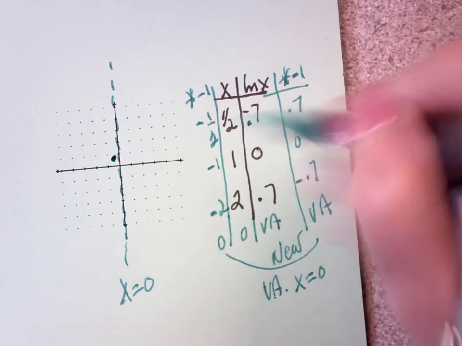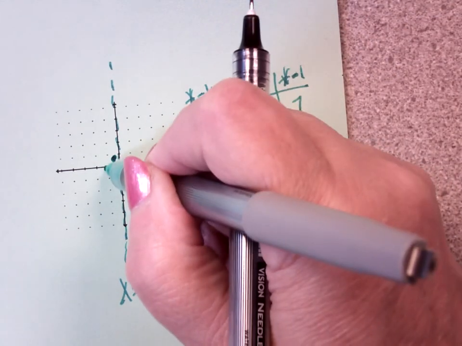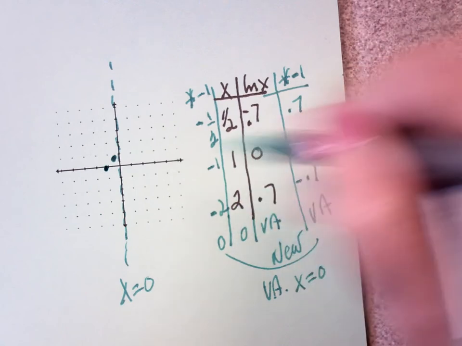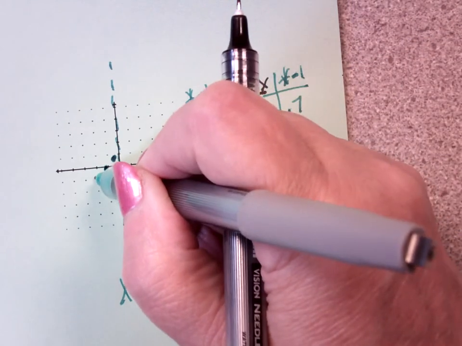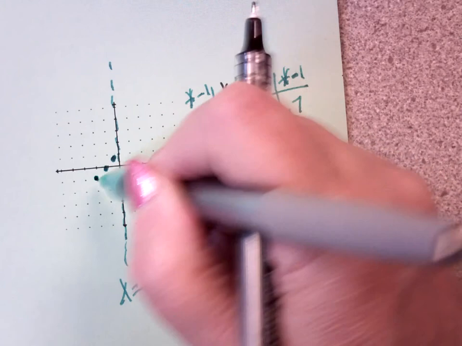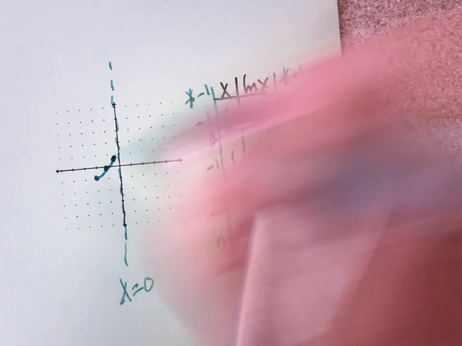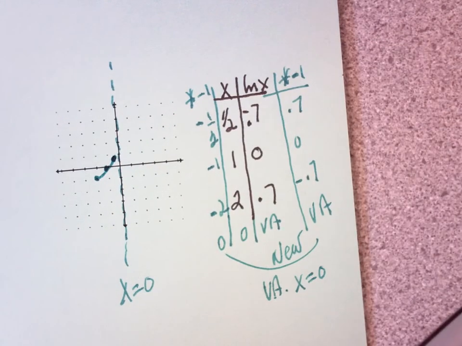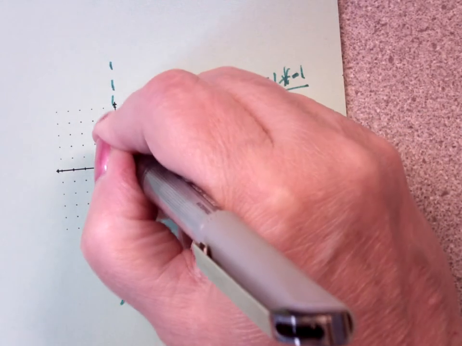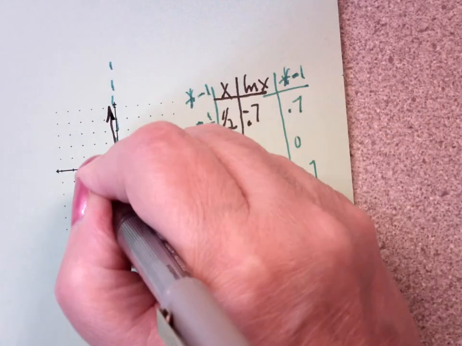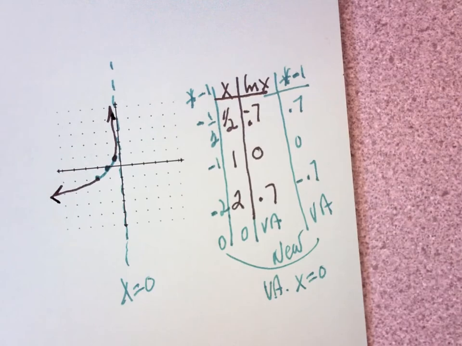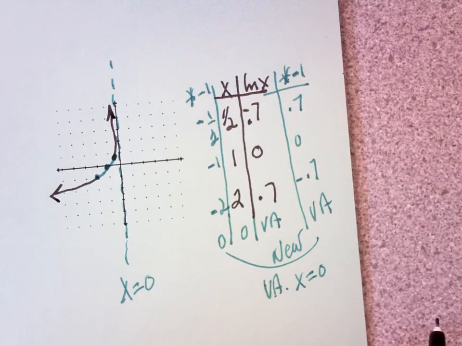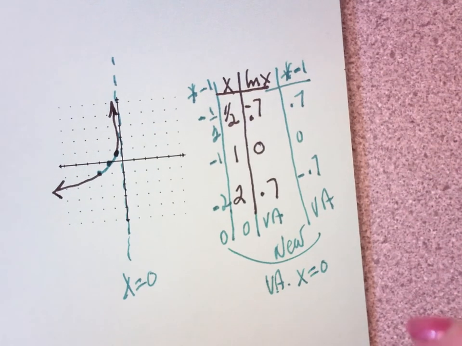Negative 1, 0. Negative 2, negative 0.7. And there it is. There's the bend right there. It goes toward the VA and away from the VA. It's upside down and backwards.